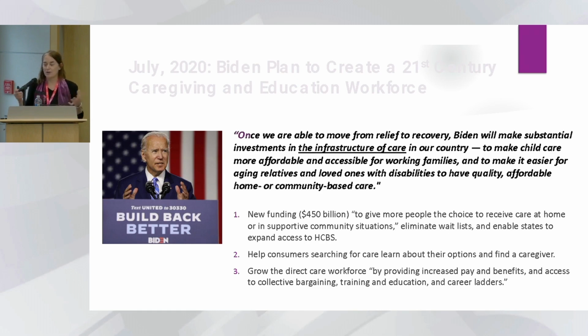It was a lot of money to expand eligibility for paid care through Medicaid programs. It was not very well defined, but the idea was increasing pay and benefits for workers and enabling them to join unions, and also creating systems to link workers and consumers.